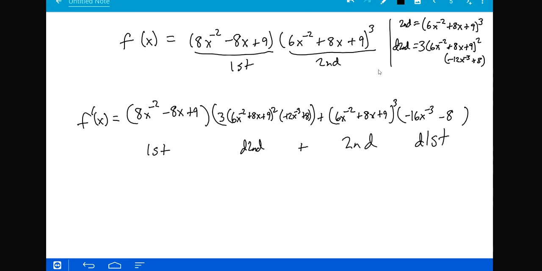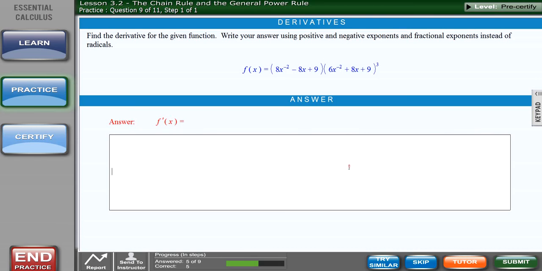So there it is. Again, just do d second kind of on the side because that's where the general power rule comes into play. Let's type all this in.